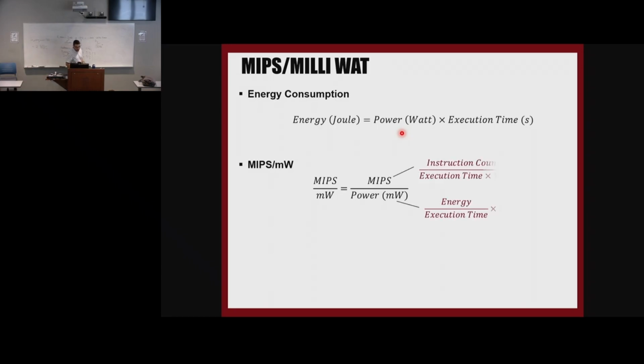For MIPS, we already know it is the instruction count divided by execution time divided by 10 to the 6. This is milliwatt, so we multiply by 10 to the 3 to compensate for that milli that we have there. And power is energy divided by execution time. So theoretically, for calculating MIPS per milliwatt, you don't need to know the execution time. If you divide these, you don't really need that information. You can calculate the MIPS per watt without it.